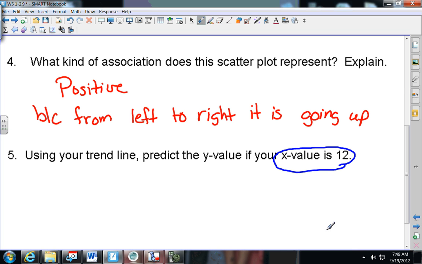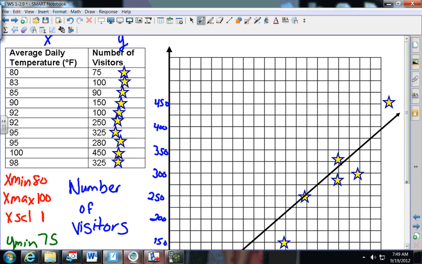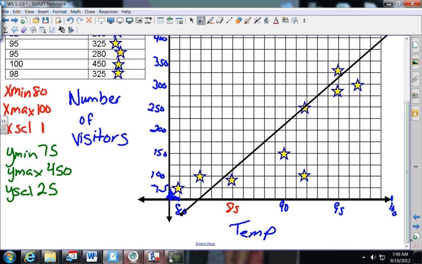Circle X value. So X value is 12. They want to know what the Y is. Okay. So let's go back to our graph. Now, let's go to where our X number is. Oh man, did that mess me up. That was really low, isn't it?